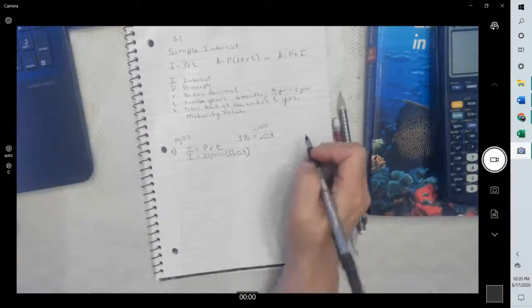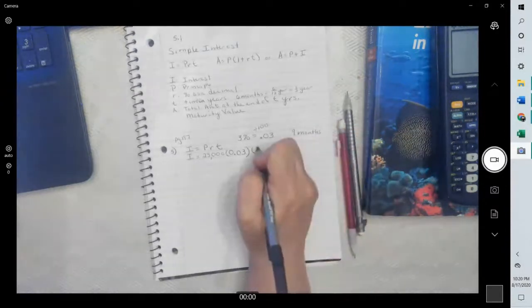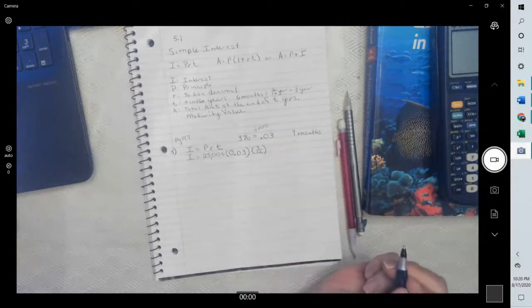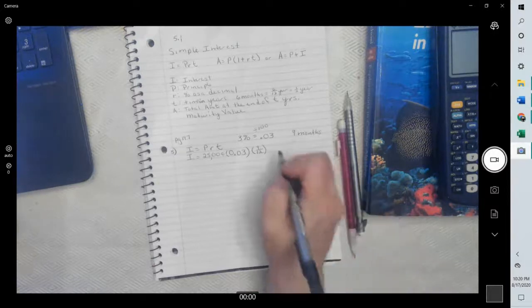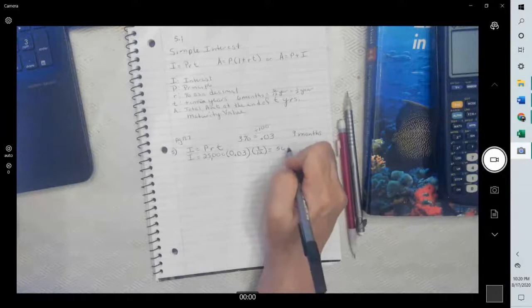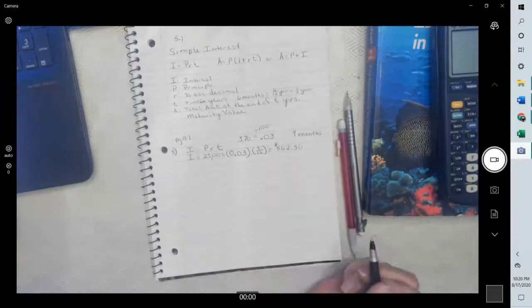The time was 9 months. Writing it in terms of years would be 9/12. Then we just multiply that together and you should get $562.50. So that's how much interest you made.